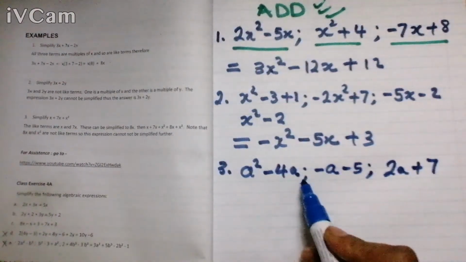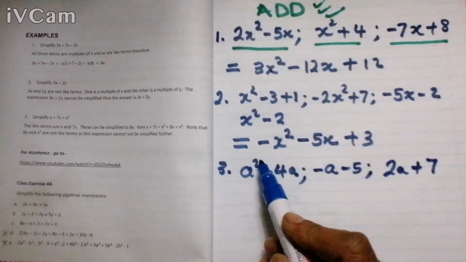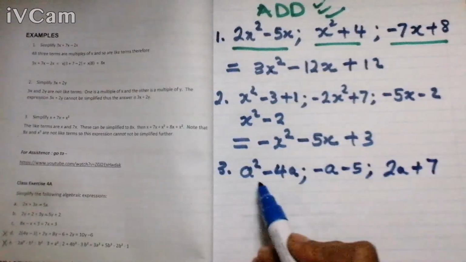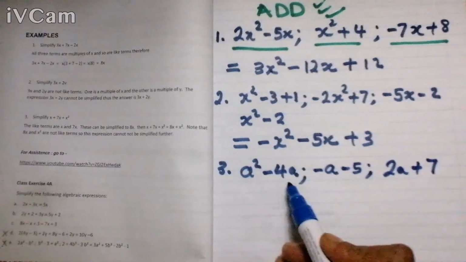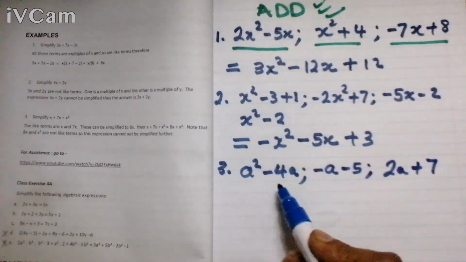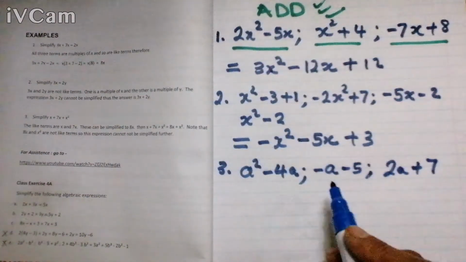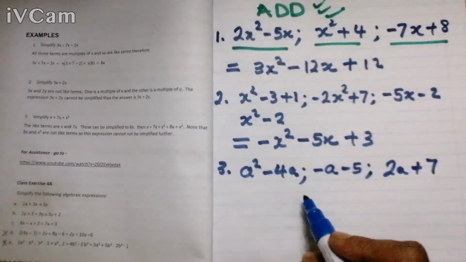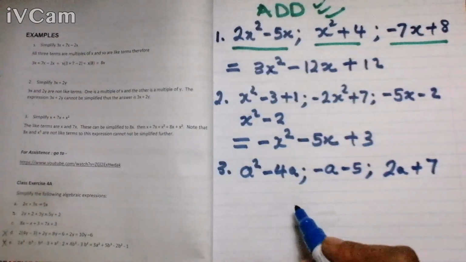Right, so the only difference between this type of expression and those is that the variable has changed to a. So it doesn't matter whether it's a, b, or x or y. The same principle will follow.